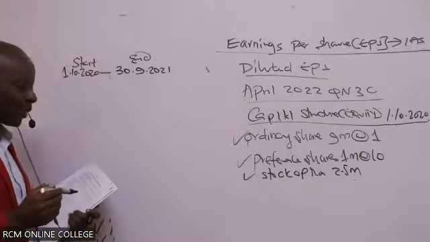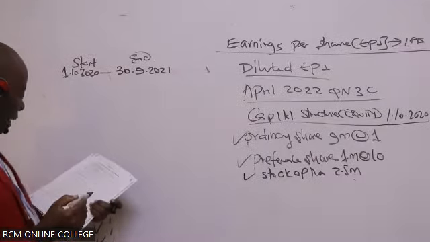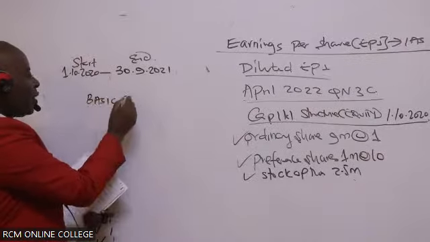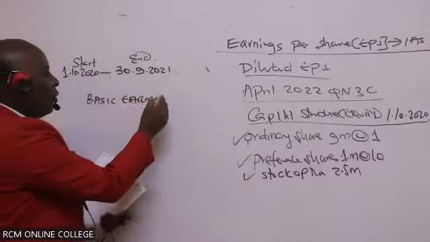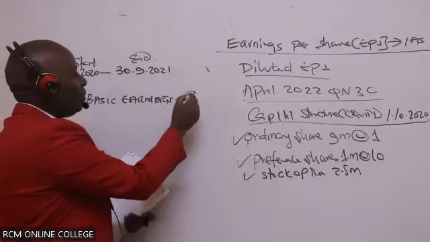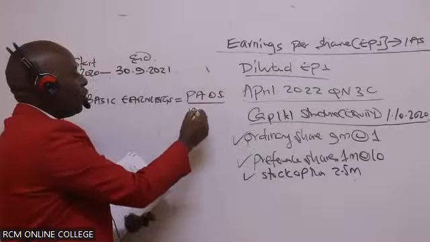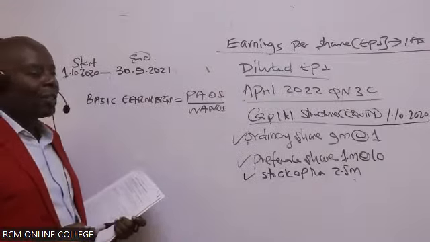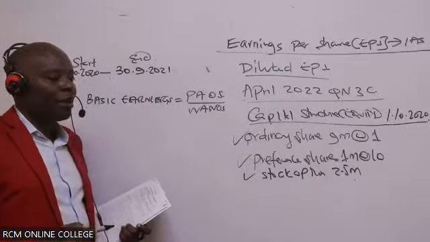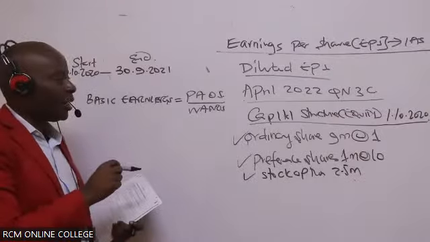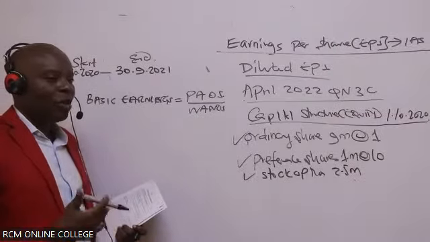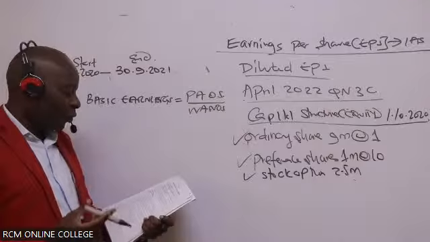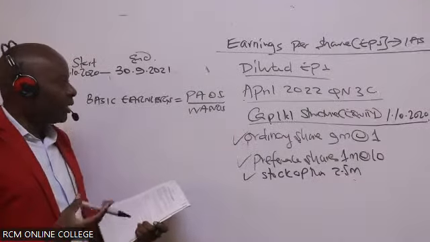For us to be able to get basic earnings per share, we normally take the profit attributable to ordinary shareholders over the weighted average number of shares. Now, ladies and gentlemen, fortunately, these guys have given us everything.